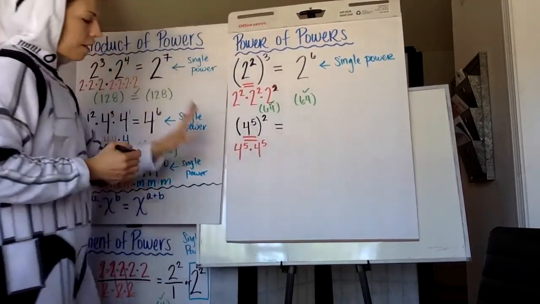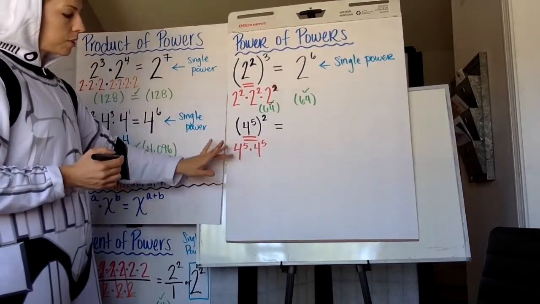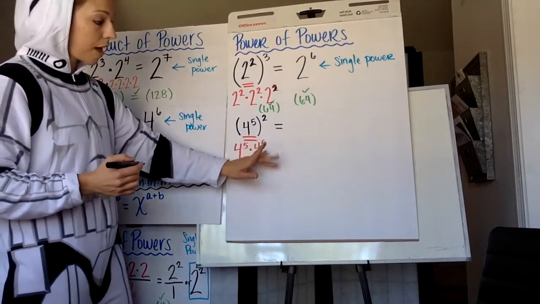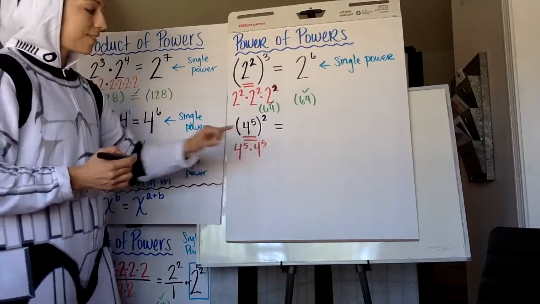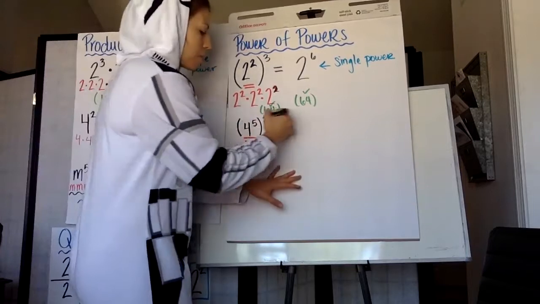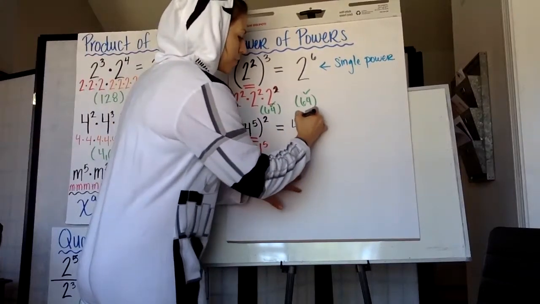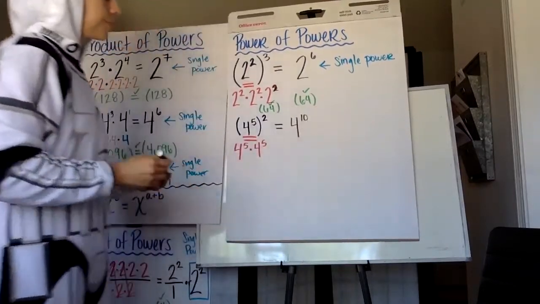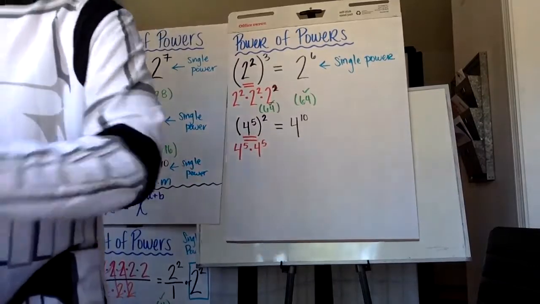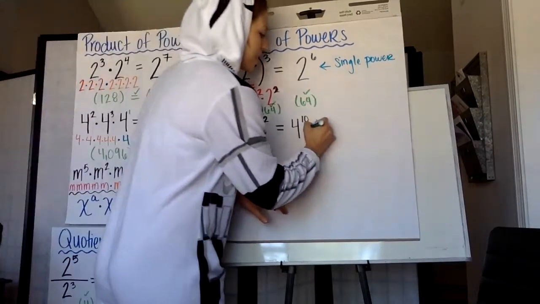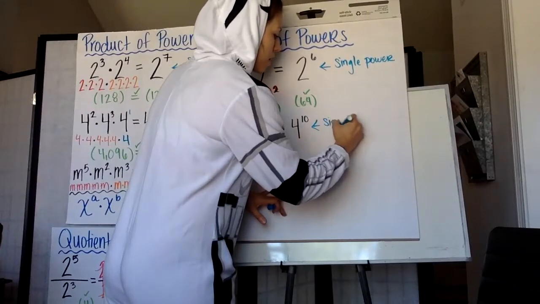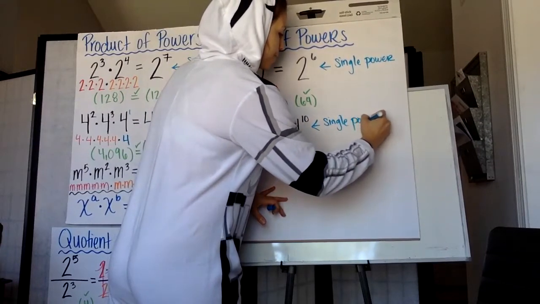So I've got 5 fours over here, 1, 2, 3, 4, 5, plus another 5 over there. 5 plus 5 is 10. So 4 to the power of 5 to the power of 2 is 4 to the 10th power. And again, remember, that's called writing this as a single power.